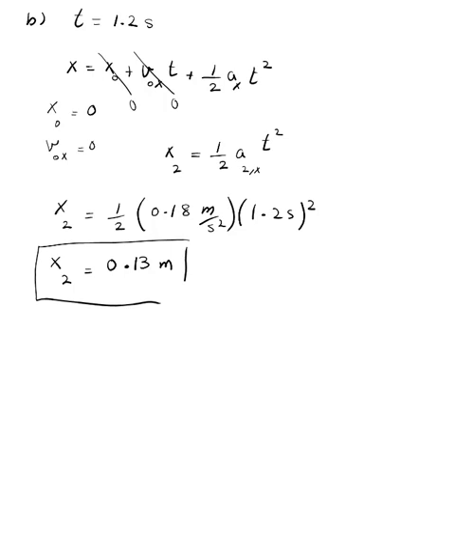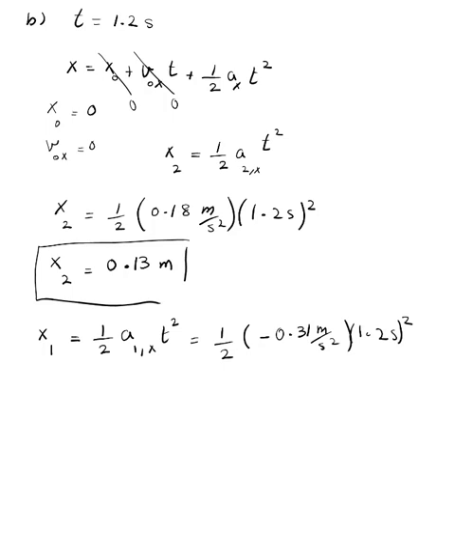Now, I want the separation between the canoes, so I need to find the position of each canoe after 1.2 seconds. I'm going to use the same for canoe number 1: half a1x t squared. The only thing different here is the acceleration. It is half times negative 0.31 meters per second squared times 1.2 seconds squared.